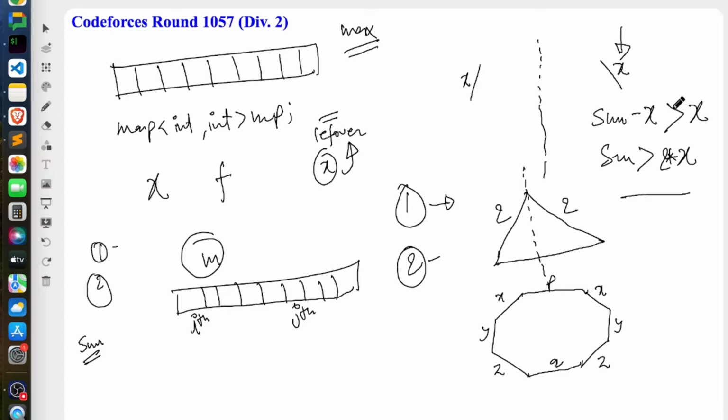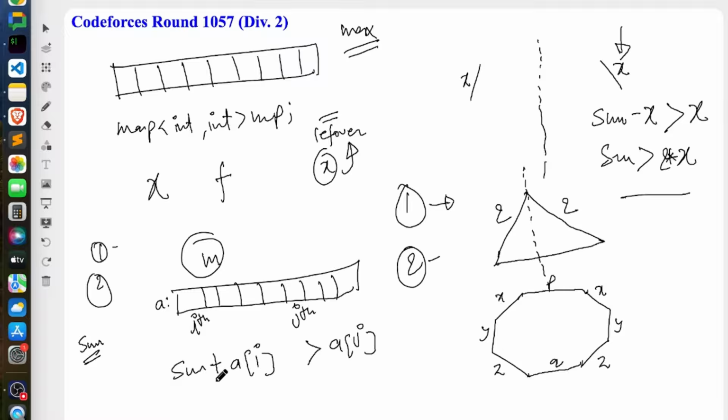So what it means is that you have to find the maximum j such that your sum plus a of i, let's say this is my a array, a of i, is greater than a of j.